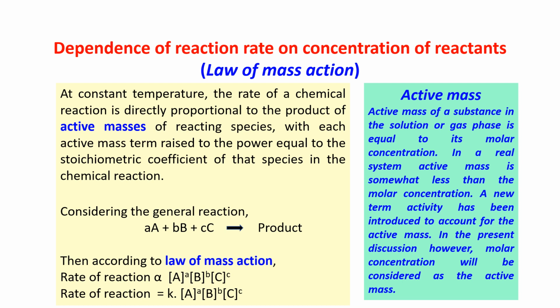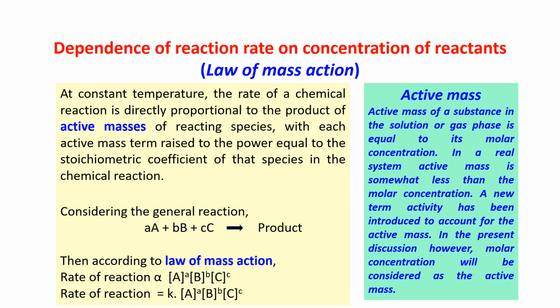Suppose I have a reaction where A and B give you C. The rate of the reaction depends upon the concentration of A, and it also depends upon the concentration of B. And if there is any stoichiometry, then the rate depends upon the product of the active mass terms, each raised to the power equal to its stoichiometric coefficient.